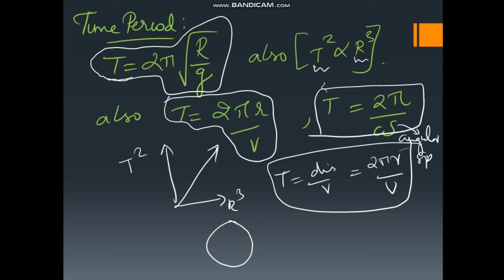According to the given condition, you must use the appropriate formula. They are now directly asking in exams, model exams, even in NTA app. They will ask for the direct formula: pick out the correct formula for time period of a satellite. So you must remember this, where r is the radius of the orbit in which the satellite is revolving.